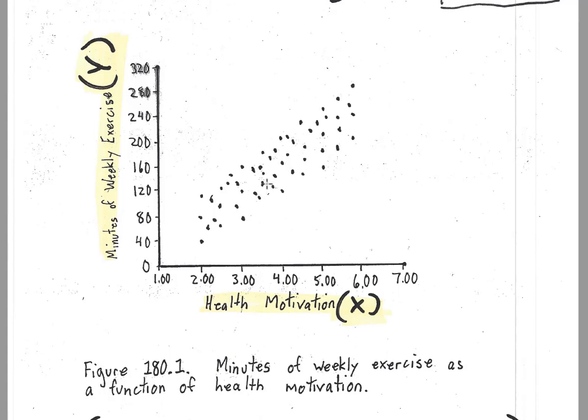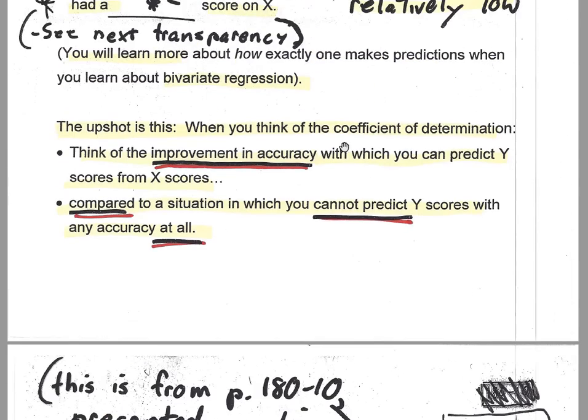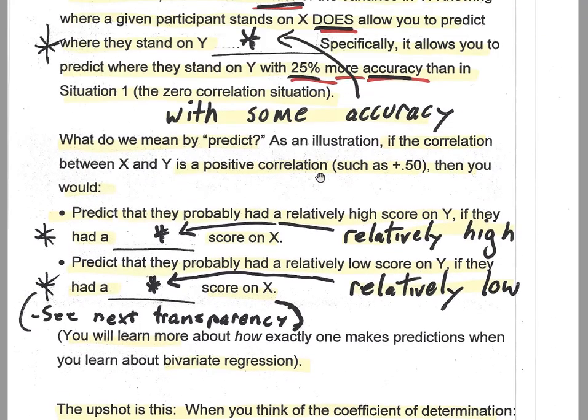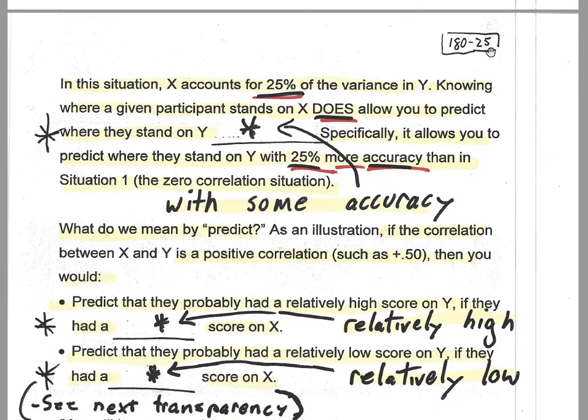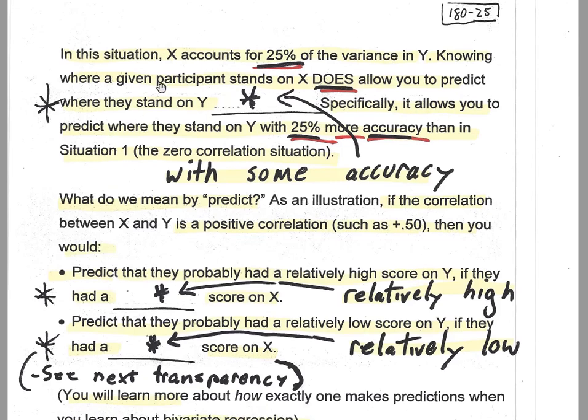Because that was the coefficient of determination that I computed. Let's back up and make sure that's what my notes said. I'm going back to page 180.25. In situation 2, where I actually had a correlation between the two variables, X now accounts for 25% of the variance in Y. Knowing where somebody stands on X does allow me to predict where they stand on Y with some accuracy.